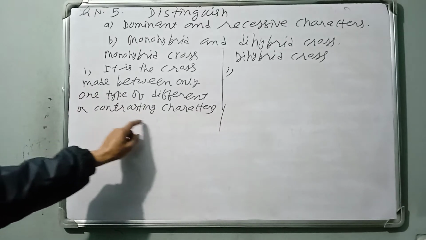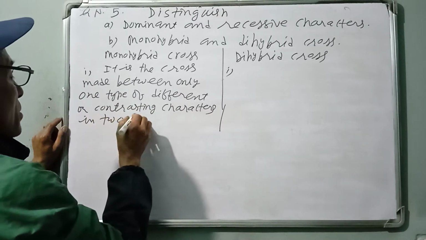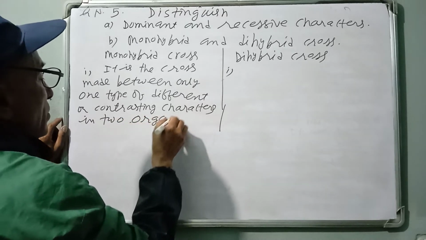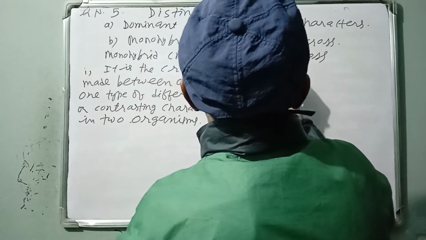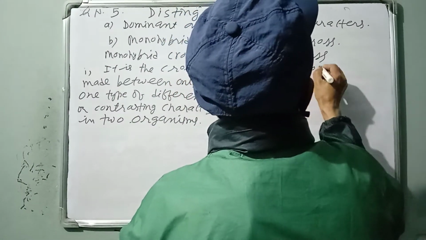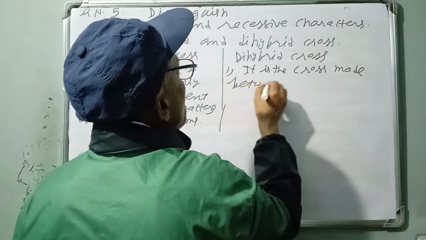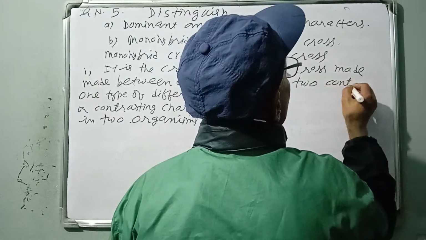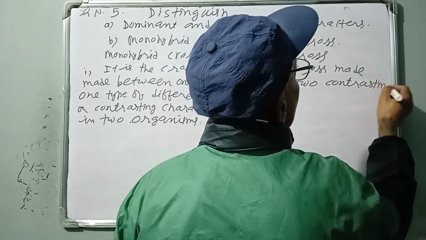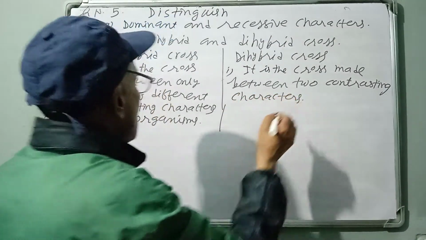Only one type of different characters in two organisms at a time. It is the cross made between two contrasting characters.